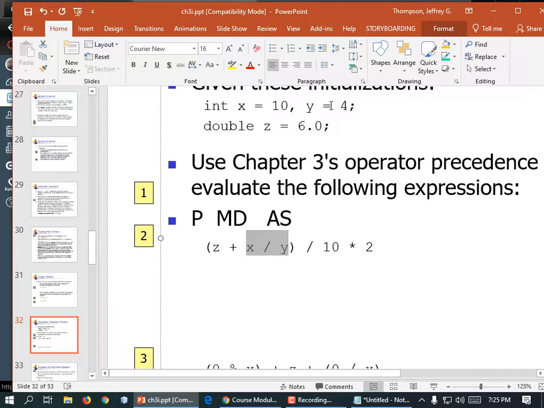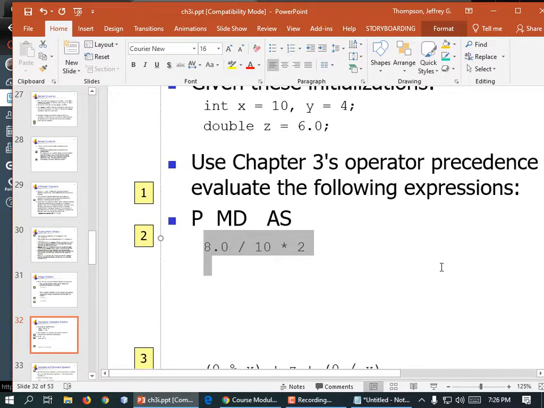Okay. Now we're ready to do the rest of this. This is 6.0. So 6.0 plus 2 is 8.0. You can get rid of that, and then we can just run from left to right. 8.0 divided by 10 is 0.8 times 2 is 1.6. Something like that, right?